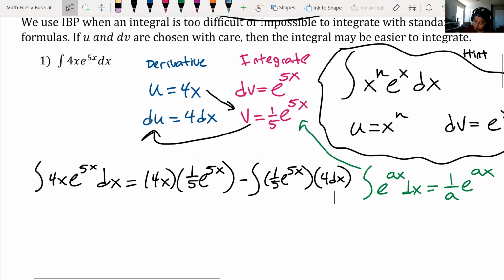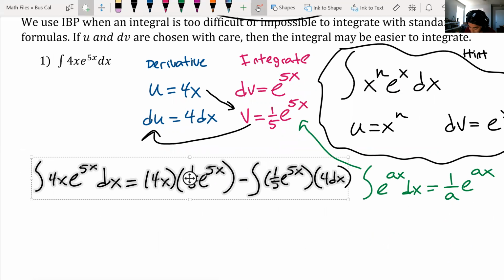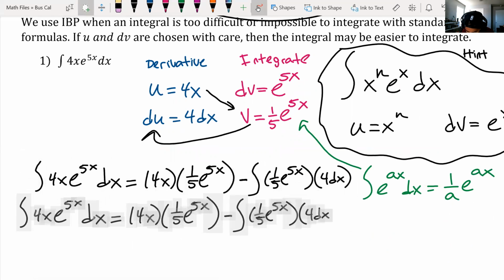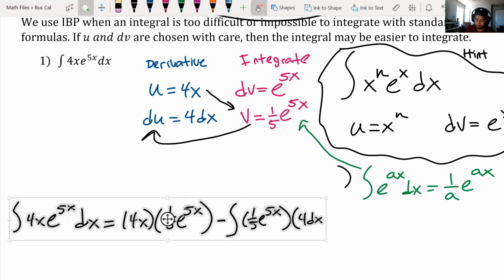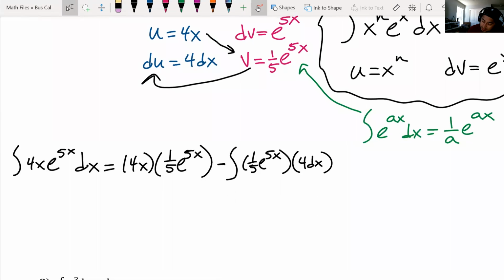And now let's go ahead and clean up. We'll start here first: 4x times 1/5 e to the 5x.